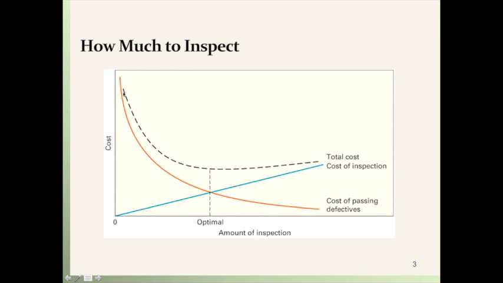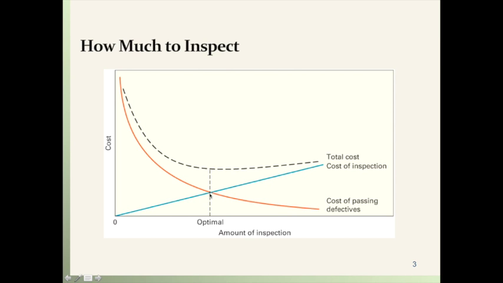And then this is the cost of passing on defects. So if you add those two together, you get this other curve. That dashed line curve is the sum of those two. And if you look right here, this is the point when this top curve is the lowest.